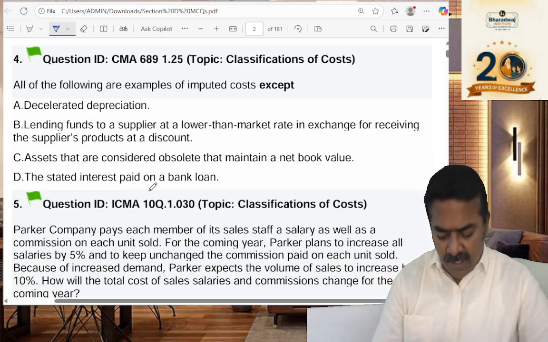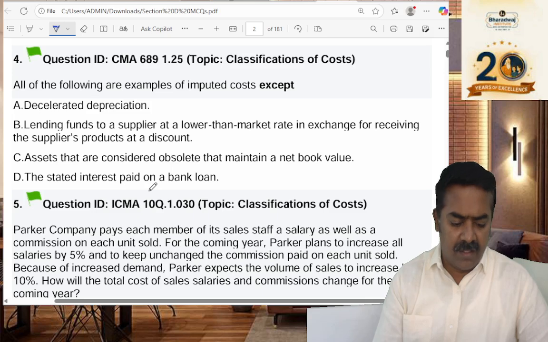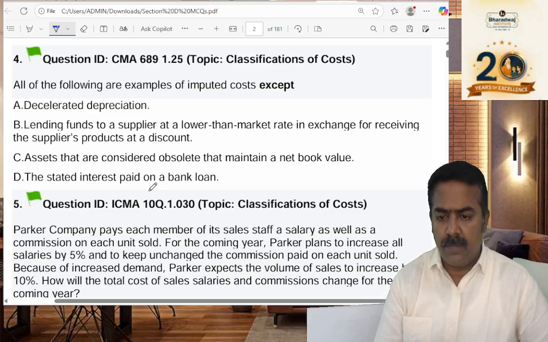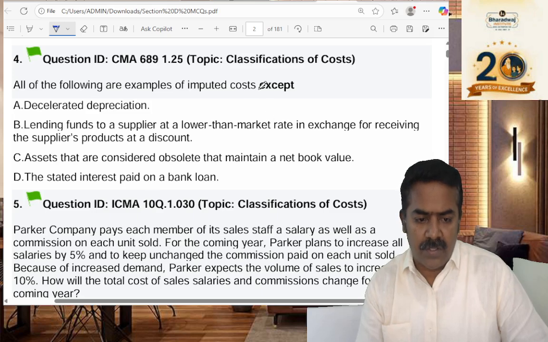What do you mean by imputed cost? The cost that will not have a cash outflow. The cost that will not have a cash outflow, which is an imputed cost. Which is not an imputed cost?